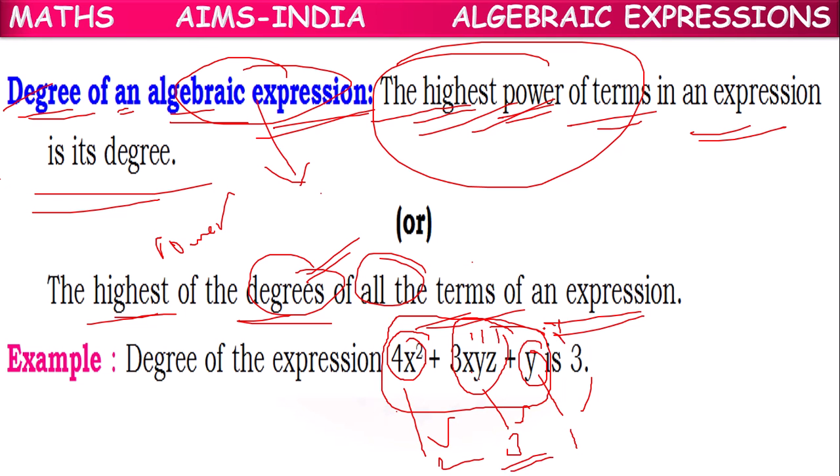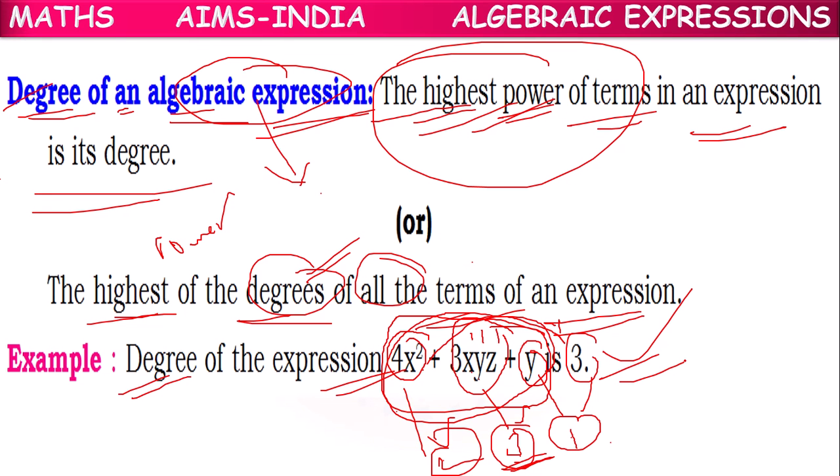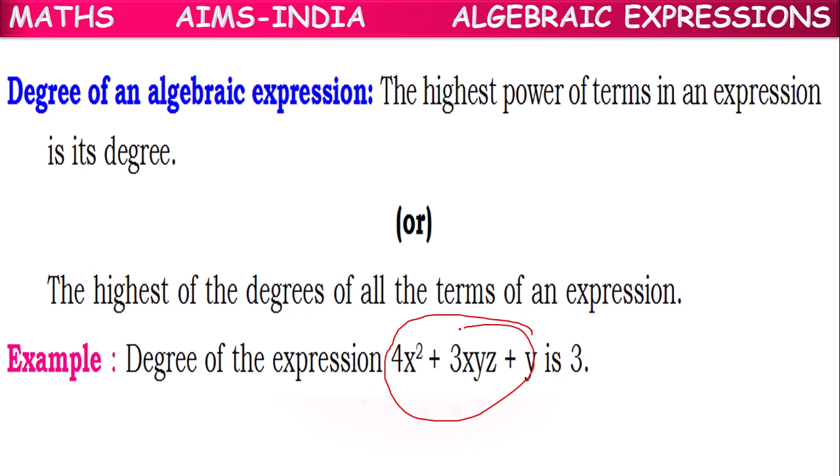So overall expression degree is 3. First we have to calculate individual degrees of all the terms, out of which the highest degree will be the degree of the expression. So degree of this expression is 3.